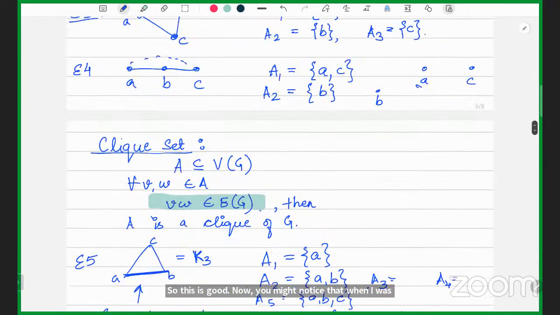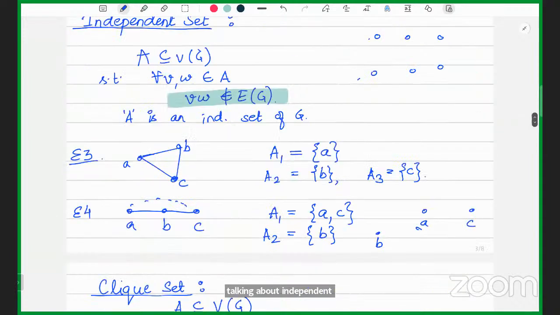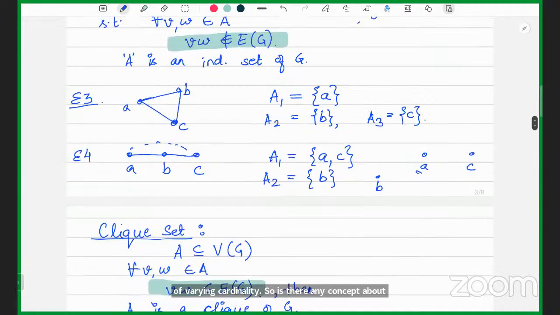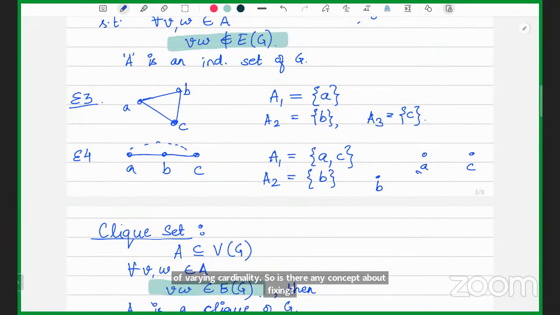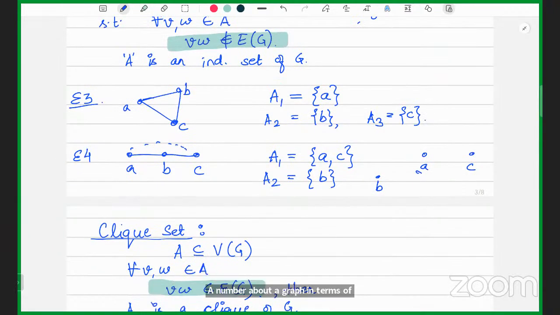set, given any graph, you can have independent sets of varying cardinality. So, is there any concept about fixing a number about a graph in terms of its independent set or a clique set?